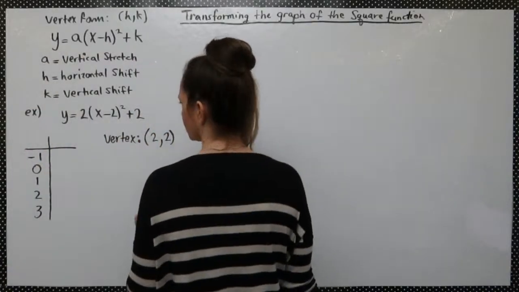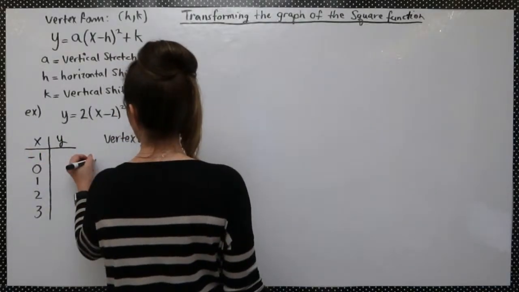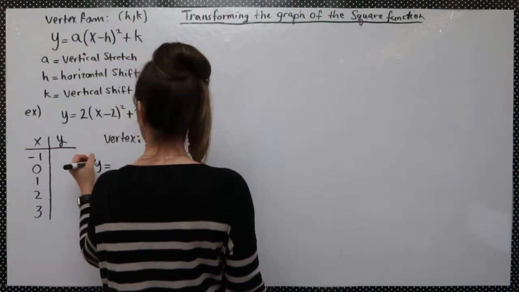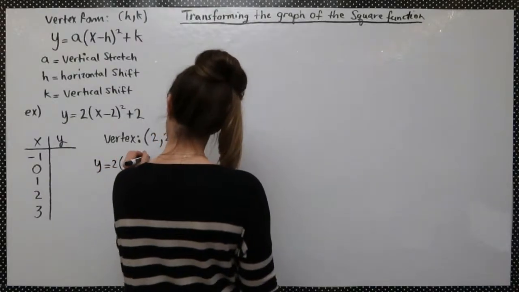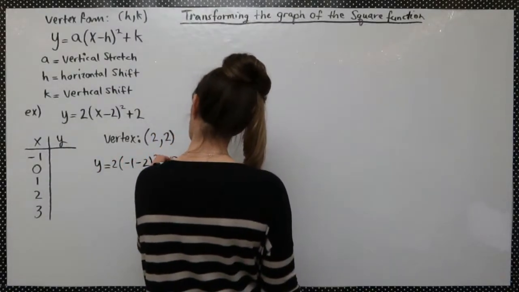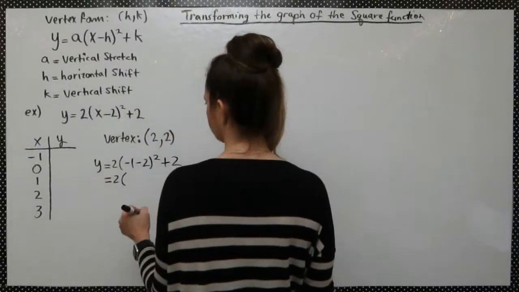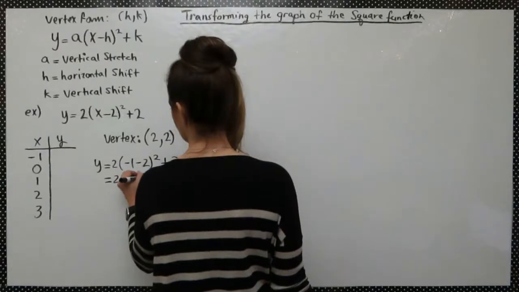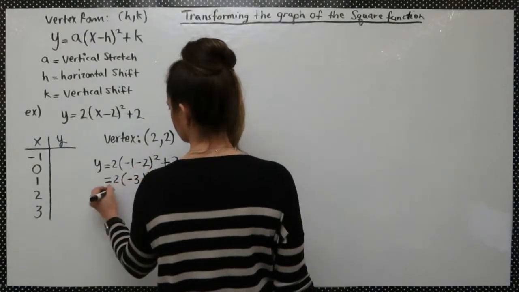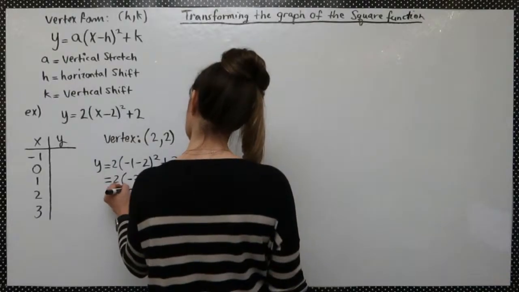All right, so let's go ahead and do this. So y equals, at -1, we've got 2 times (-1 minus 2) squared plus 2. And that's going to be -3 squared plus 2. So remember order of operations, we got to square it first.